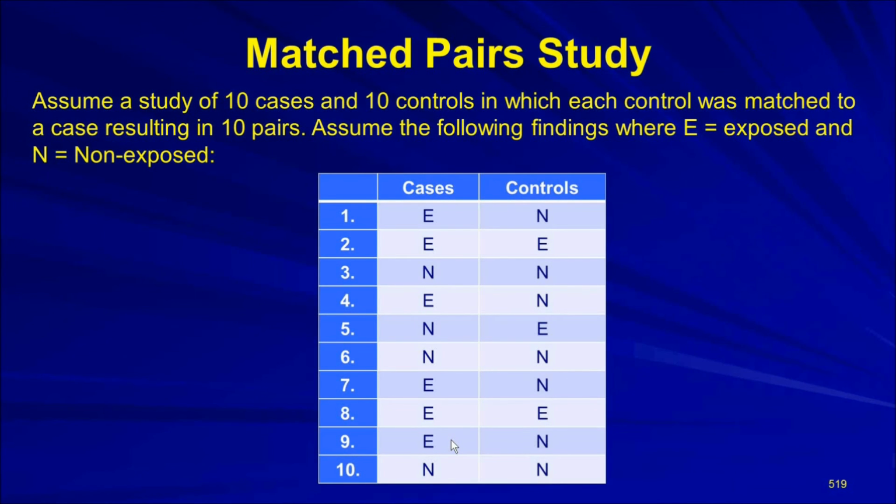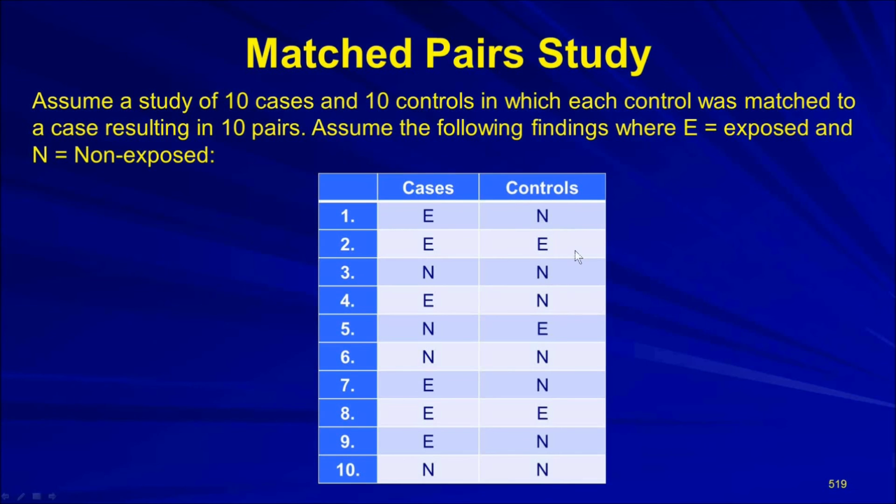So we got cases with the disease that are exposed. And then we got cases that are unexposed. 1, 2, 3, 4. And that's going to go in cell C. And then we got controls without the disease. Let's see, we got 1.